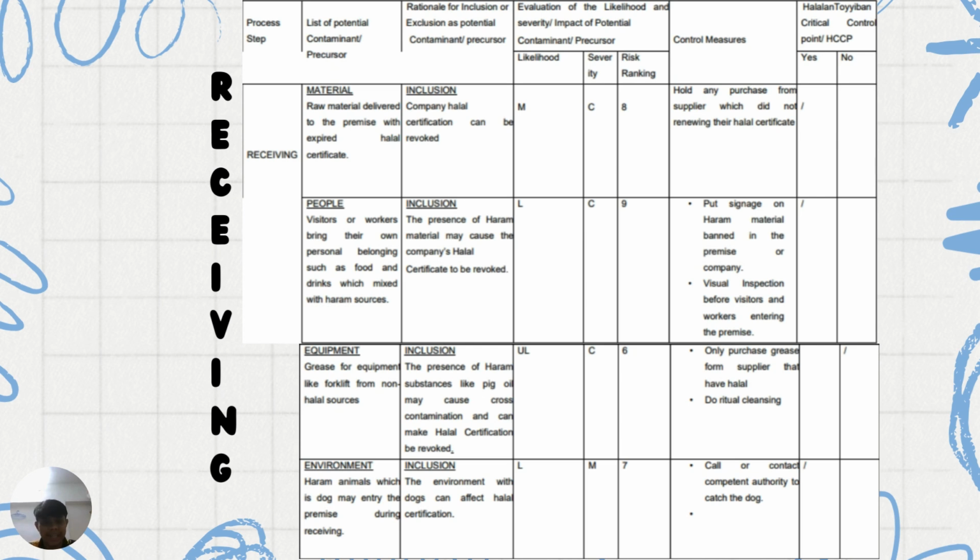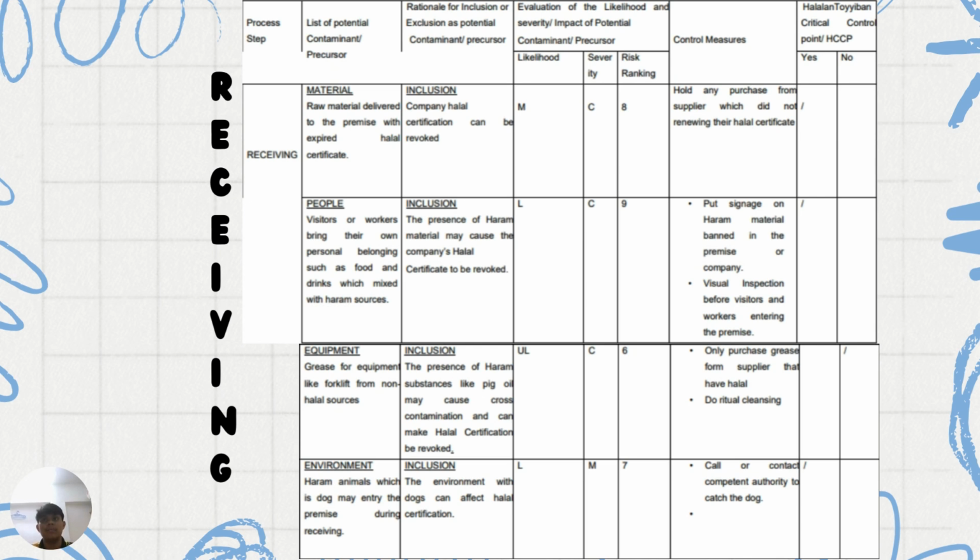The likelihood is likely because our chosen company is in a neighborhood in Cheng, Malacca, and there are a lot of dogs there, and it is easy for the dogs to get into the factory. The severity is moderate. Why?